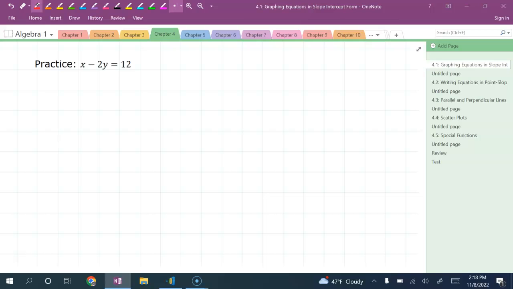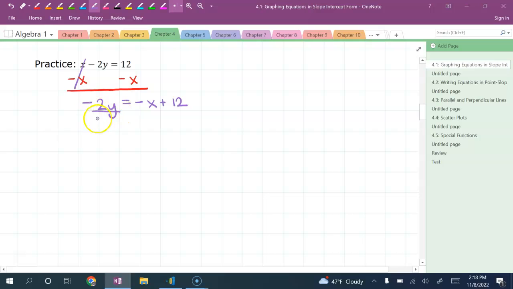So for this first one, I'm going to start by subtracting x. So we would have -2y equals -x plus 12. Again, get in the habit of putting x first. Then I divided every term by -2.